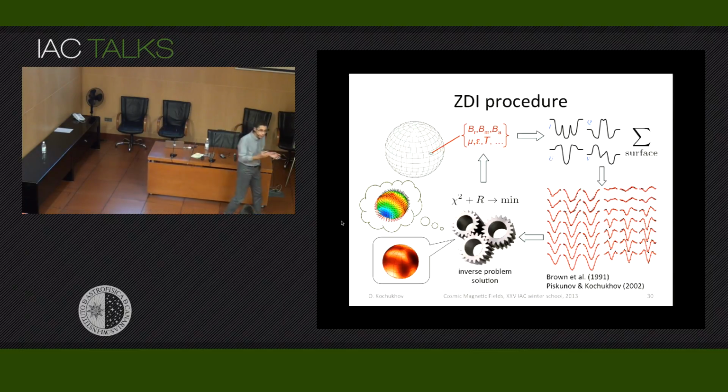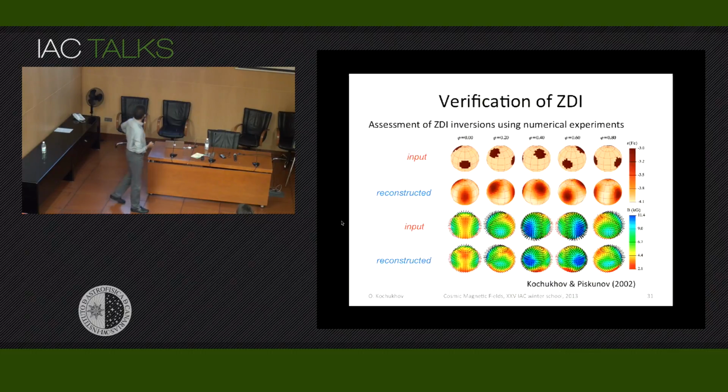So we need to make small steps in these parameters, calculate them, and calculate the differences. In practice, for a typical problem with a rather small number of iterations, because we usually use efficient minimization algorithms, say 10 iterations, we would evaluate Stokes parameters about 1 million times. This is why efficient polarized radiative transfer methods are important.